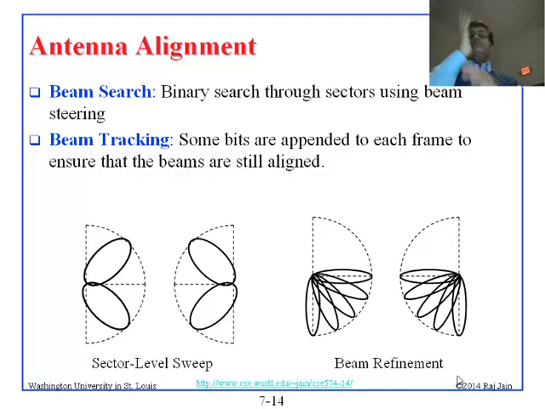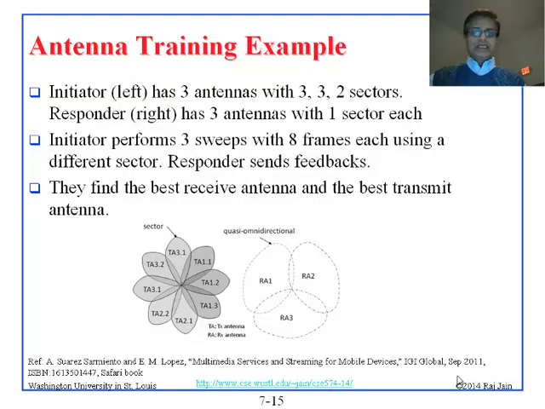If you start getting 50% error rate or 25% error rate in that part, then you know that your beam has been interrupted or something went wrong. Right? That is called beam tracking. And then you will say, okay, I think it's time to realign. Okay, so there is beam search, there is beam tracking.